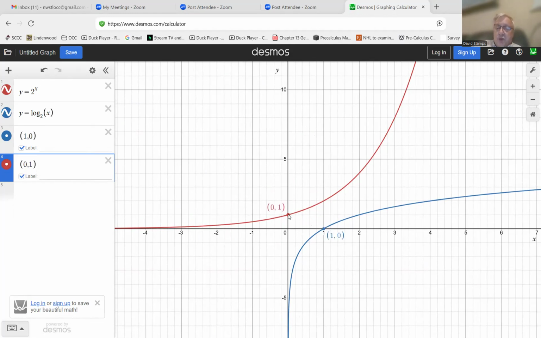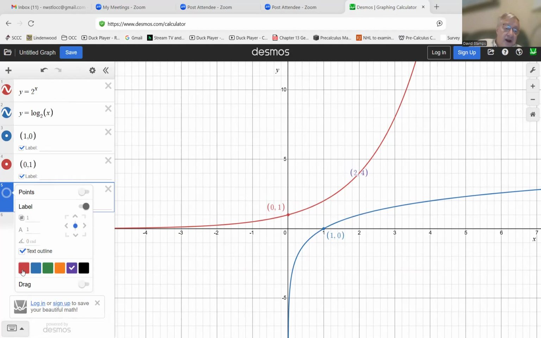On the exponential red graph, you have the point 0, 1. That's 2 to the 0 power. Now if x is 2, then y is 2 to the 2 power, so that would be 4. So this is on the exponential graph, the red one. Let's change that one to match the graph color.